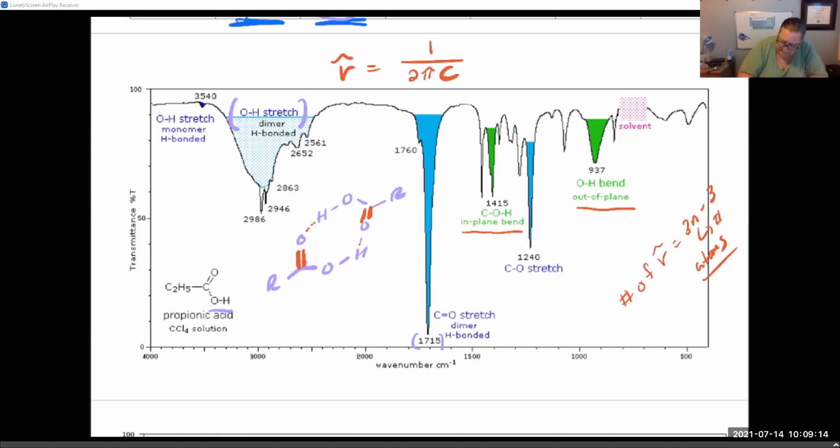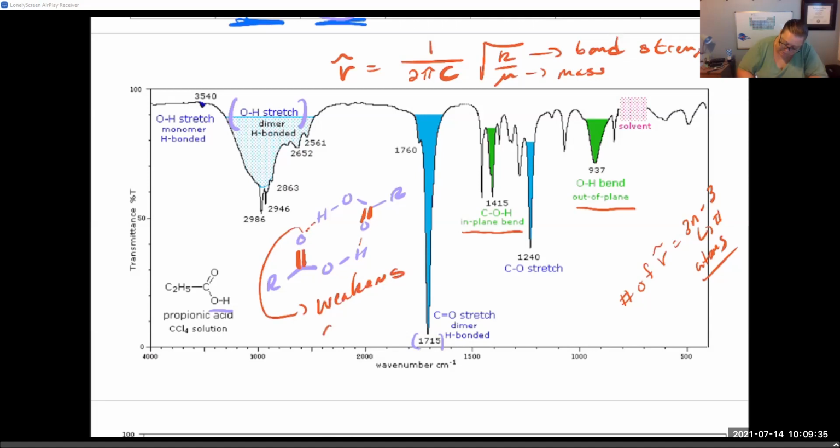The speed of light. So this is mass. We don't care about mass, but this K here is basically bond strength. And so this dimerization weakens the carbonyl bond.